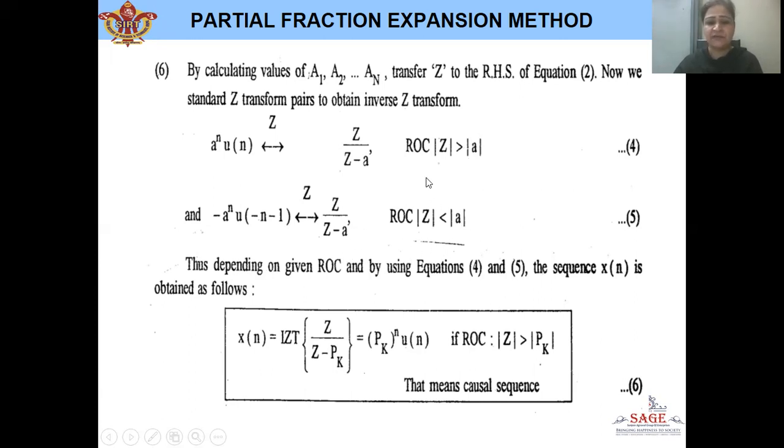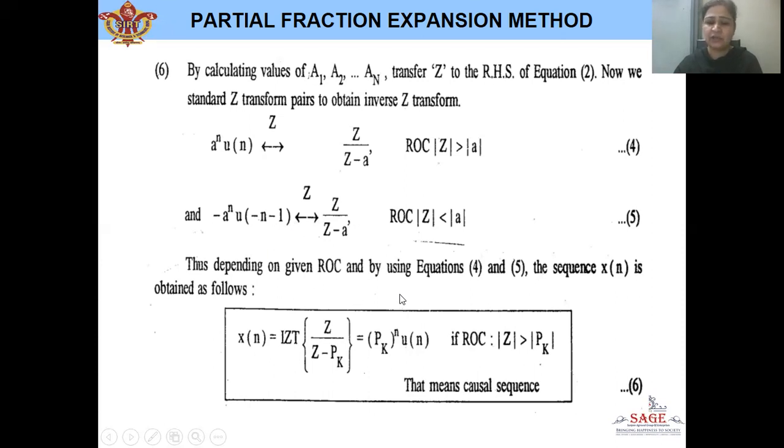Now, suppose the ROC is given as |z| greater than pole a, then we will write the inverse z transform as a to the power n u[n]. But if the ROC is given as |z| less than pole a, then we will write the inverse z transform as minus a to the power n u[−n−1].